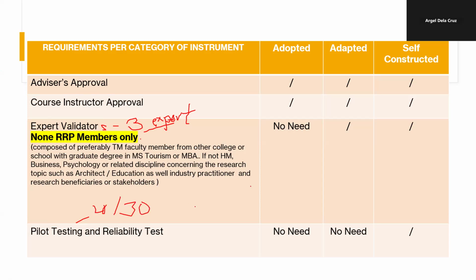Okay. So pilot testing involves test sampling with your target research population. Meaning to say, if you're going to visit, let's say, Hermosa Street, doon ka magpa-pilot test. You need to gather 20 or 30 respondents from this site.